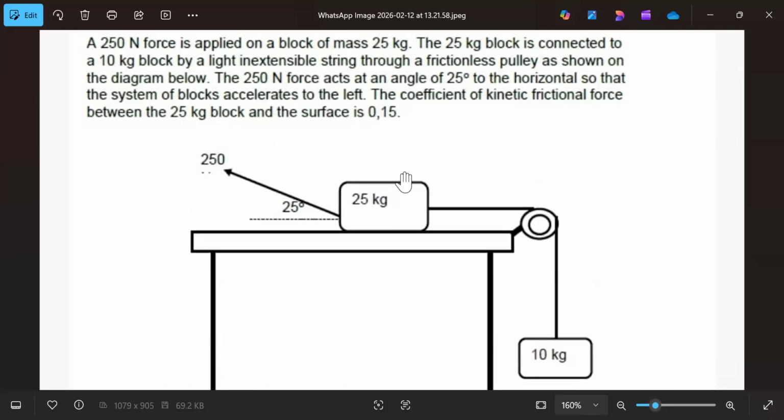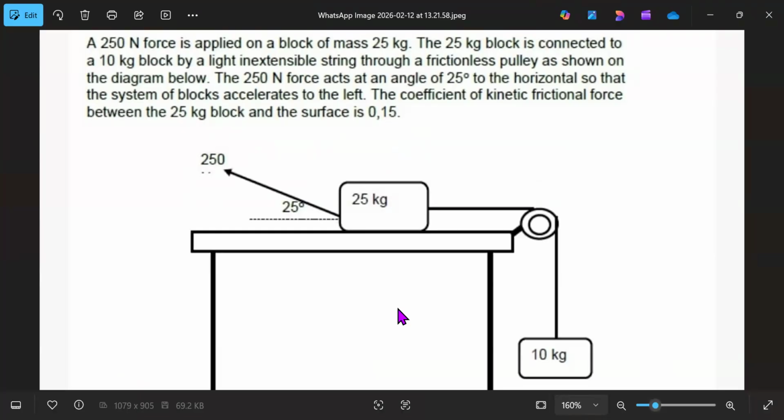Now, we see that the objects are joined together by a string. All right. And so we know that the tension force in the string is going to be the same. But that's not the point. The point is we need to use the simultaneous equations. But how do we use them?